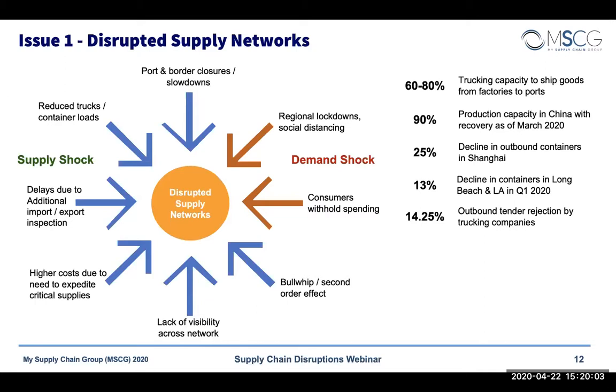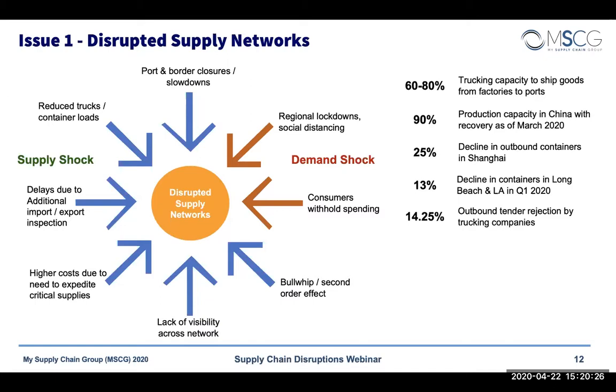So the first issue that this slide is on is disruptions in the network. This could be for raw material or finished goods supply from vendors or contract manufacturing. It could also be something related to outbound logistics, getting your product to your end customer.